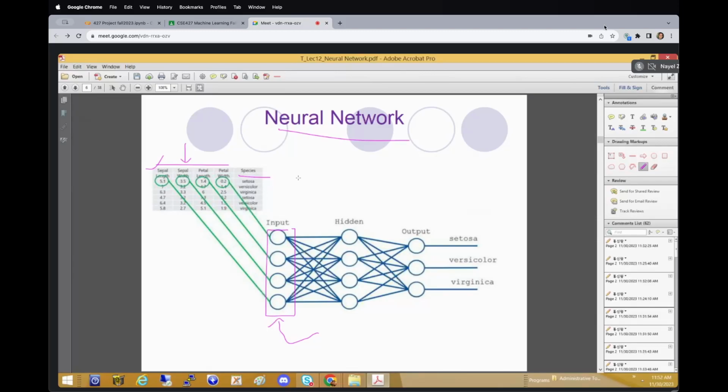We know that there are three species: Setosa, Versicolor, and Virginica. So this is a three-class, multi-class problem. So what we can do is consider three neurons in our output layer. One is for Setosa, one is for Versicolor, and one is for Virginica. Okay, so that is the output unit.